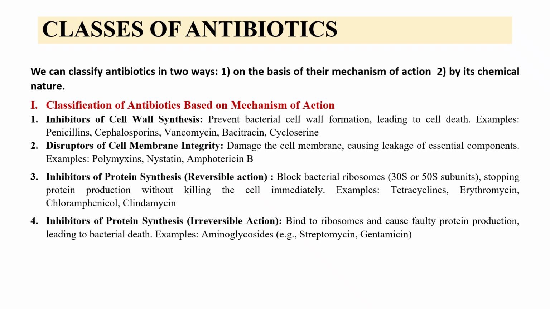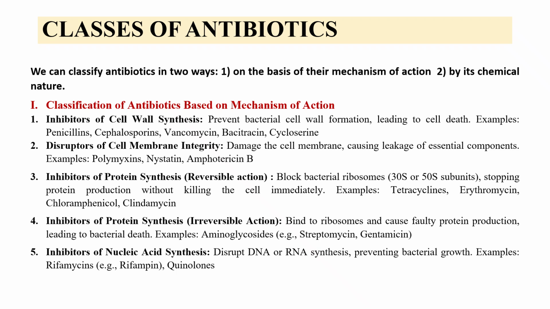Now we also have protein synthesis inhibitors which are irreversible in their action. That means once they have done the damage, it is forever. They bind the ribosome and cause faulty protein production leading to bacterial death. Examples are aminoglycosides such as streptomycin, gentamicin.